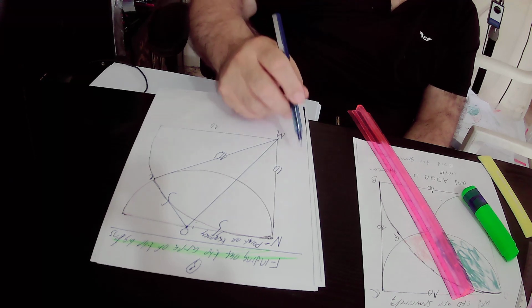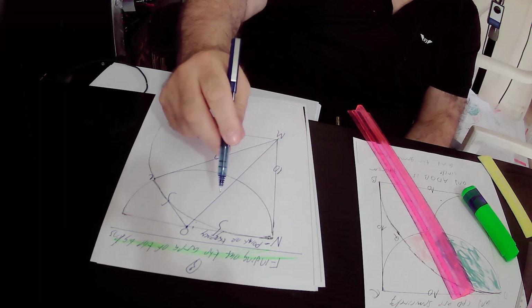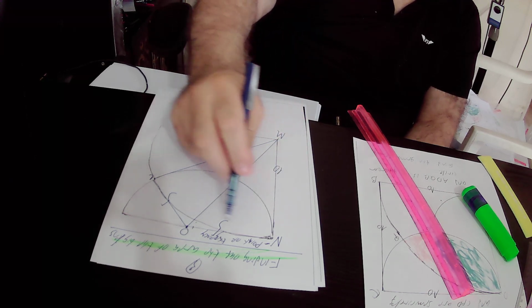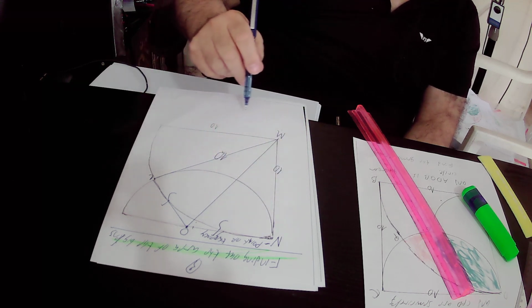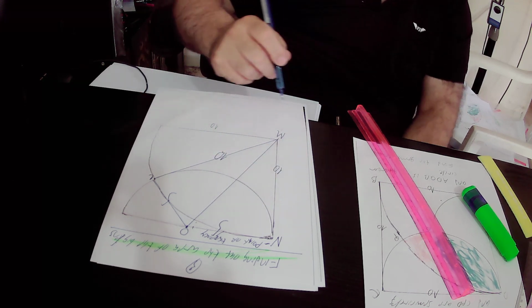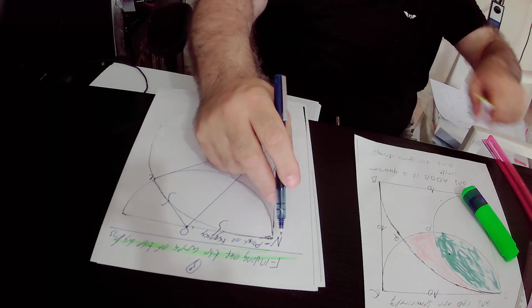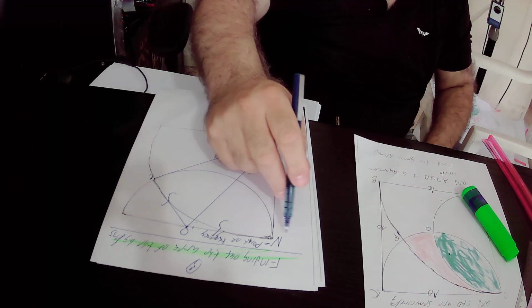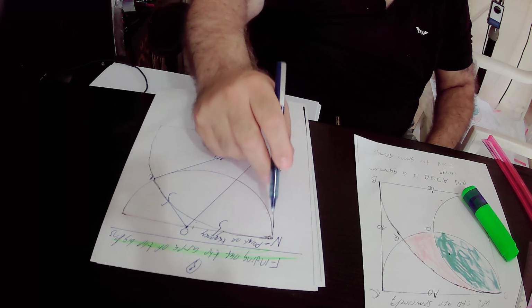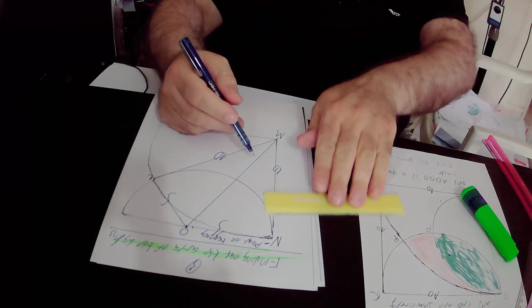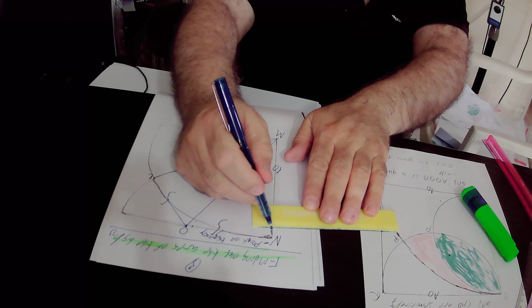That is to say, it is drawn to point N, that is the point of tangency of tangent ON with this quarter circle. Whenever you have a radius that is drawn to the point of tangency, then tangent ON will be perpendicular to the radius NM. So if ON is perpendicular to NM, it means that this angle equals 90 degrees.